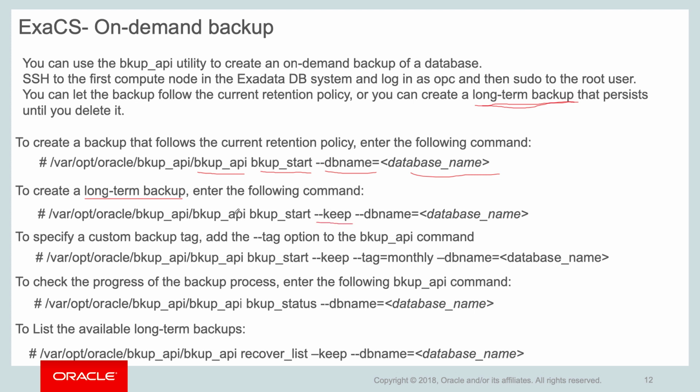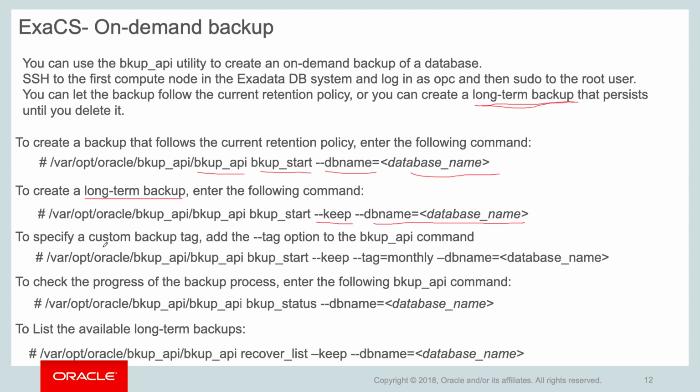In this case, it is the same API backup start --keep, and then you specify the database name. So this backup which is created by the keep clause will not be deleted based on the current retention policy. This could be a monthly backup, or maybe a quarterly or yearly backup you want to retain for some purpose. That's the reason we have provided this option.